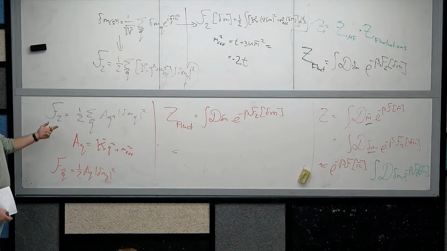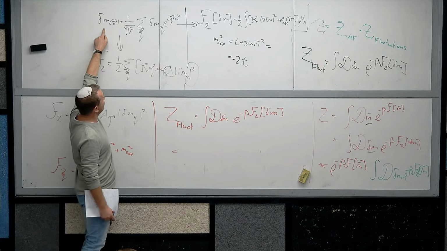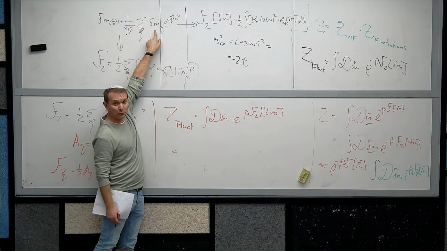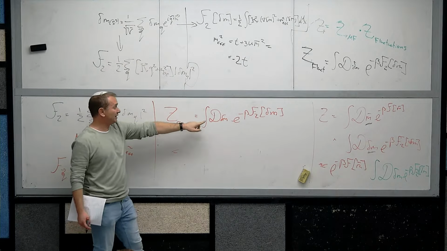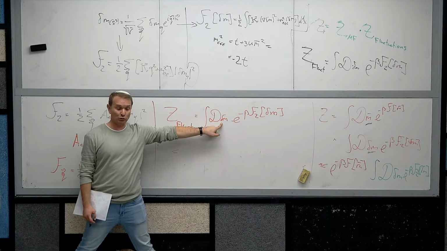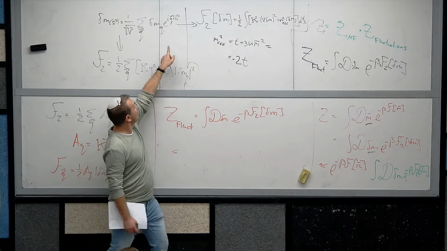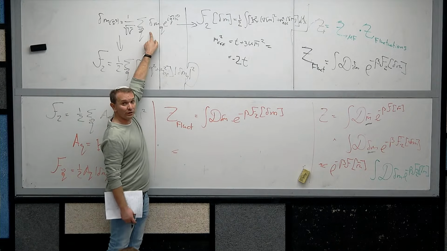Since each delta m is represented by its different delta m_q values, instead of integrating over all different values of delta m, I will integrate over all different values of the Fourier coefficients.